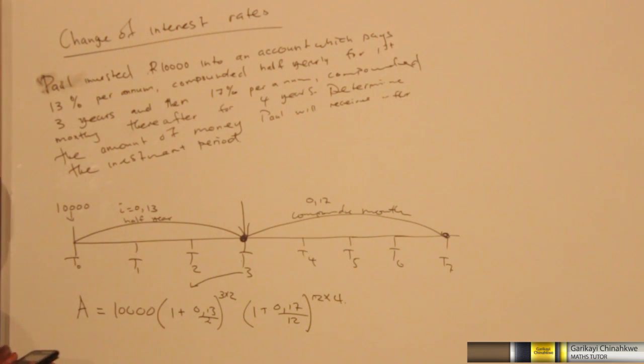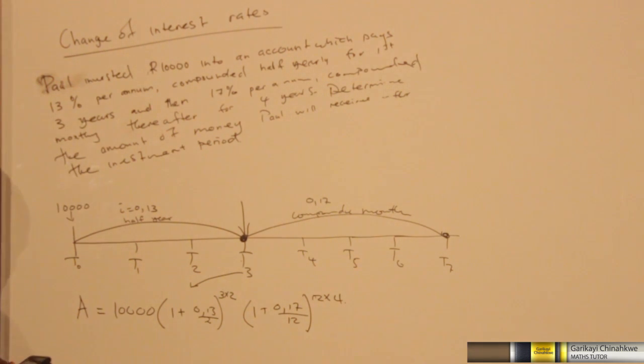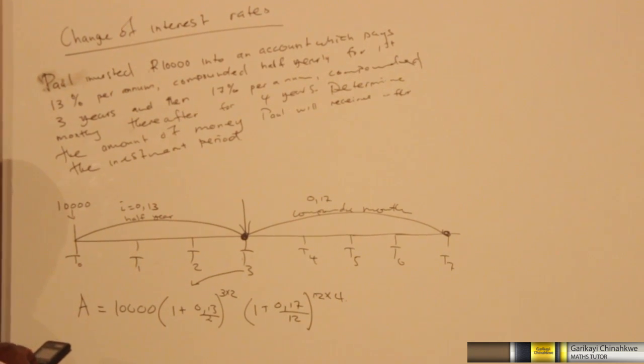You're going to say 10,000, 1 plus, to the power of, then you see 1 plus, then at the end it will be multiplied by 1 plus.